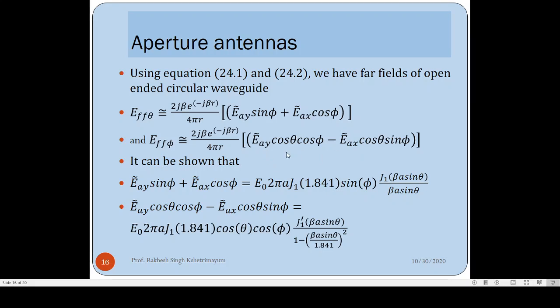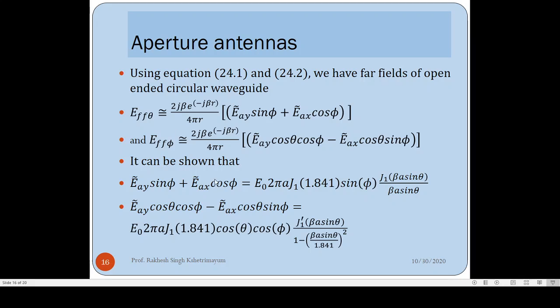Similarly, you can also find the Fourier transform of EAY cosine theta cos phi minus EAX cosine theta sin phi, which is simply E0 2 pi a J1(1.841) cosine theta cos phi J1'(beta a sin theta) divided by 1 minus (beta a sin theta divided by 1.841) square of that. So this is the expression.